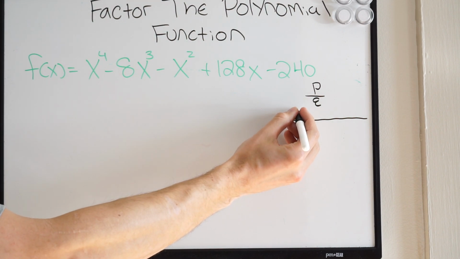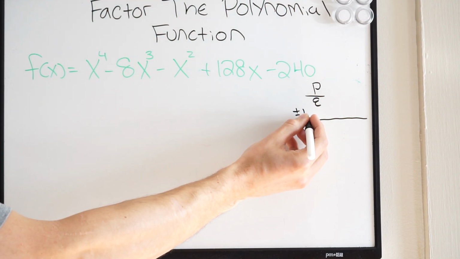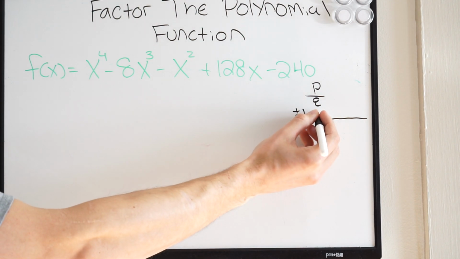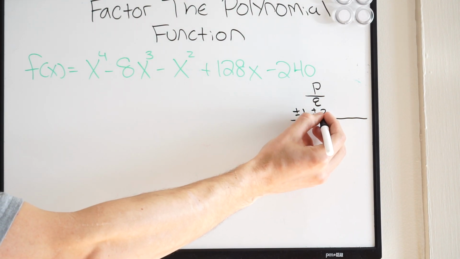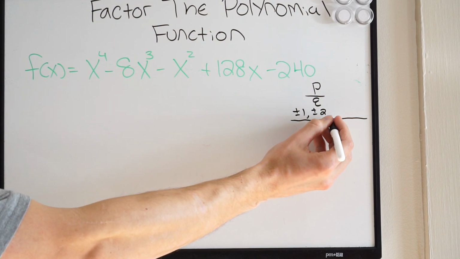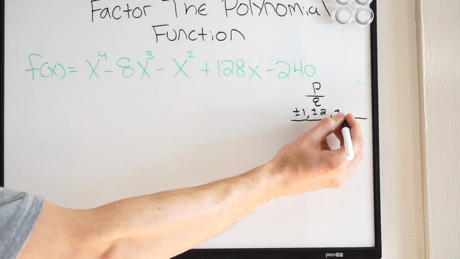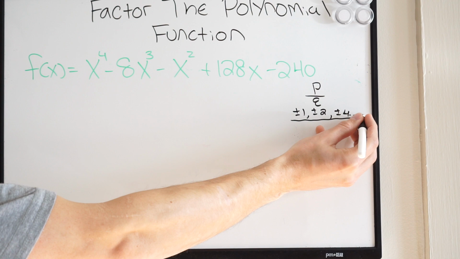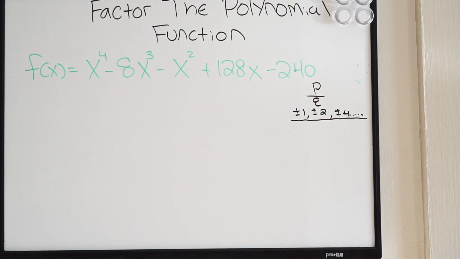We know that we're going to have plus or minus 1. But we'll also have plus or minus 2. We will also have plus or minus 4. I'm going to stop right there. We can keep going if we need to, and we can always add more here.